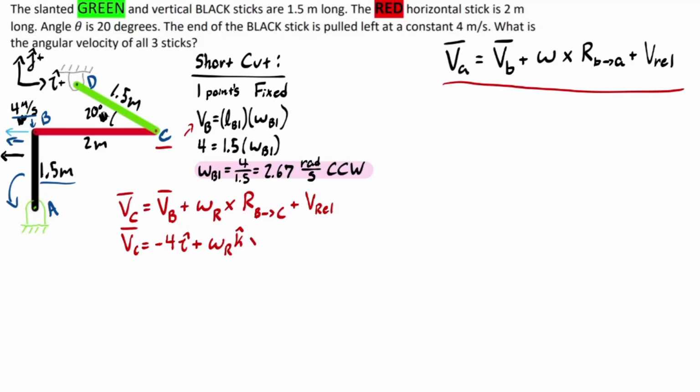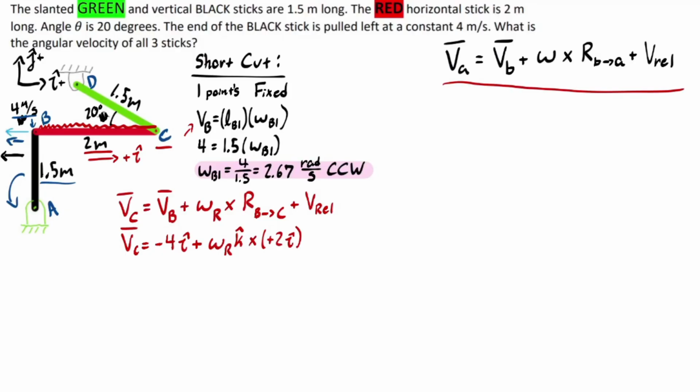And then times the cross product of the position vector here. As we go, you can imagine from B to C as just walking, right? So let's say we're walking across this red beam from B to C. We're traveling in the positive i direction, and we're going a distance of 2 meters, right? So this is going to be a positive 2i.